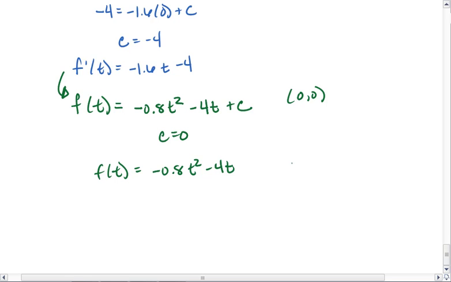We know that the distance equals negative 720 meters. We want to find what t would be then. Plug in 720, solve for t.